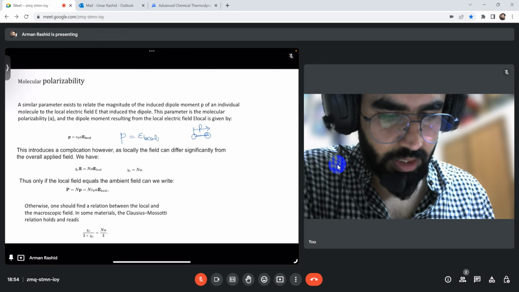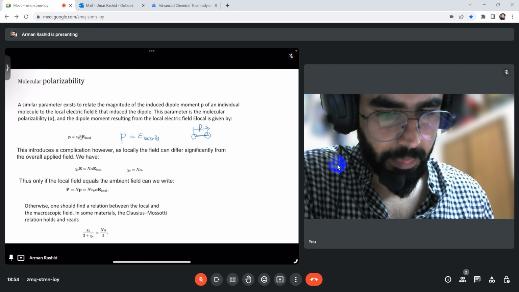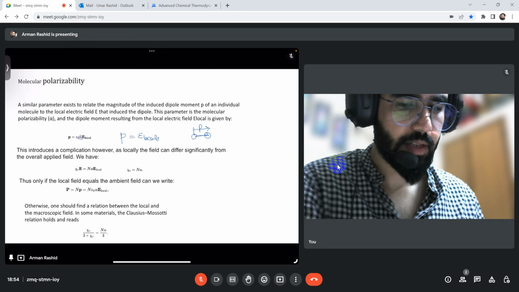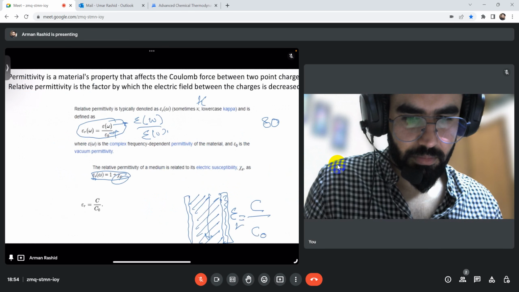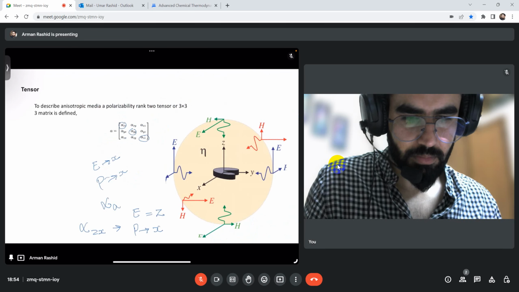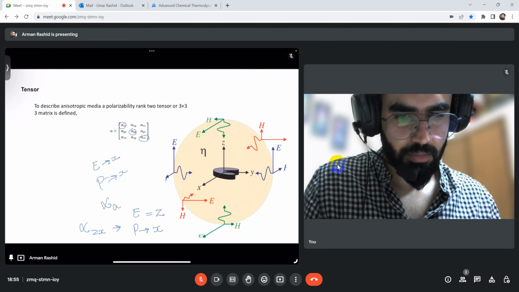This alpha is called the molecular polarizability.